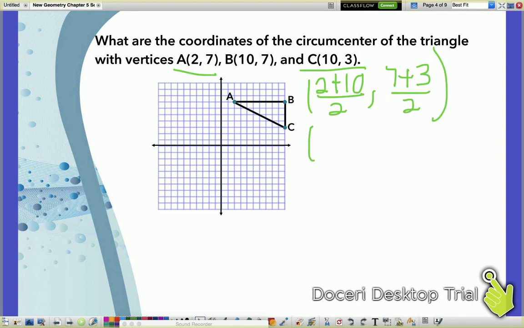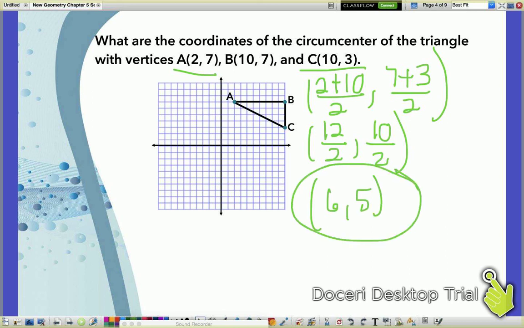Well, that's 12 over 2 and 10 over 2, which is 6, 5. That's going to be my circumcenter, right there. See, it works out nice with the right triangle, but when you don't have it, we've got to do a lot of other things, like I said.